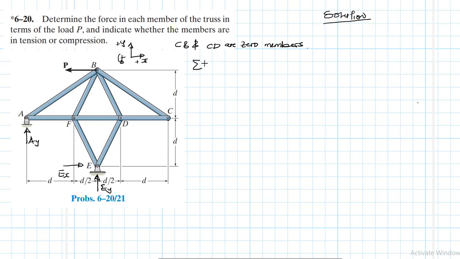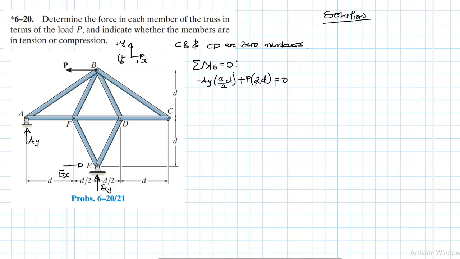So the summation of moments about point E is equal to 0. We have negative moment clockwise, AY by the lever arm. What's the lever arm? D plus D over 2, this is 3 over 2, or 1.5D, plus P anti-clockwise by how many? What is the lever arm? It is 2D, equal to 0.